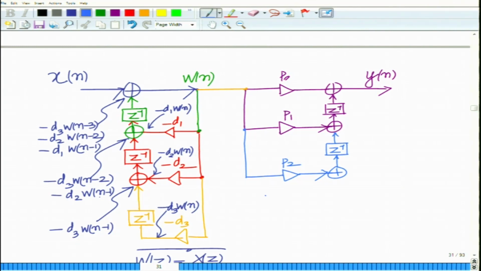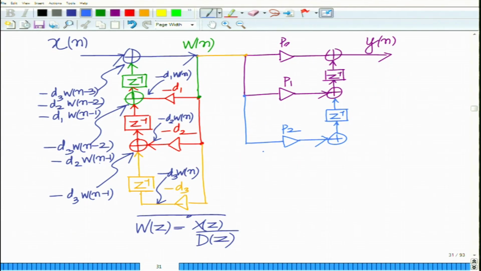Finally you send it through another gain stage and another delay, and the gain is p3.